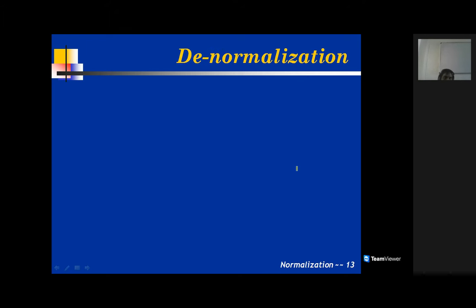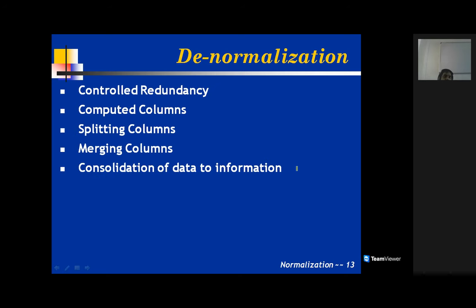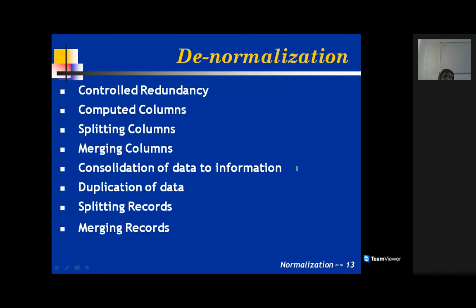Denormalization is controlled redundancy. What are the denormalization techniques? You may have computed columns, splitting columns, merging columns, consolidation of data into information, and duplicate data. All these techniques are used for denormalization.